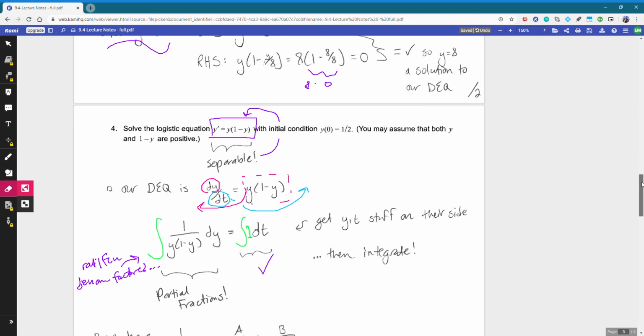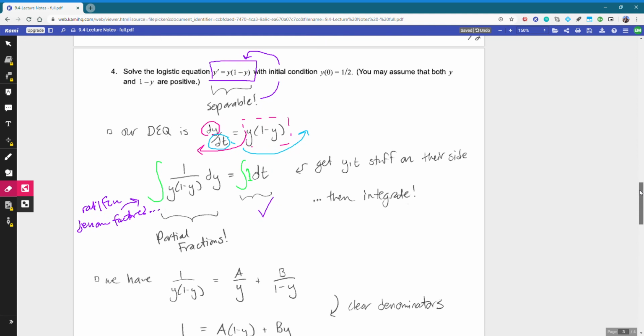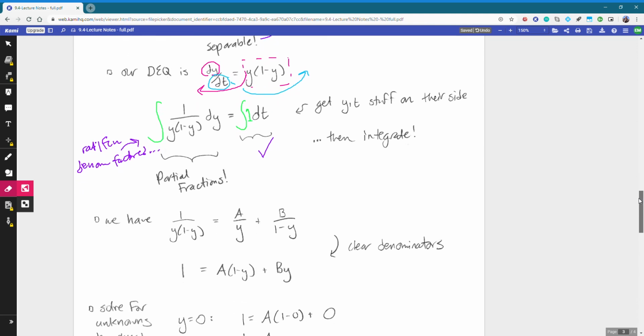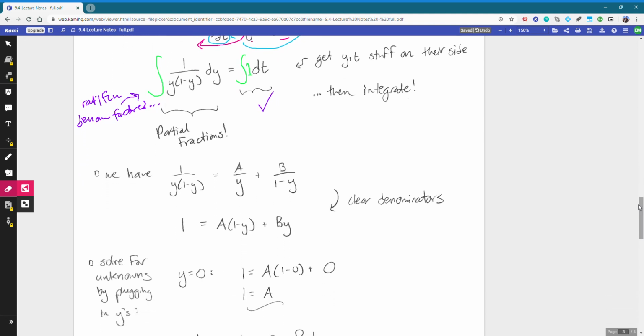All right, so how that goes, we use our partial fraction decomposition. So we're going to get a factor corresponding to both this linear factor y and this linear factor 1 minus y. Since those are linear, right, we just need to have constants up top.